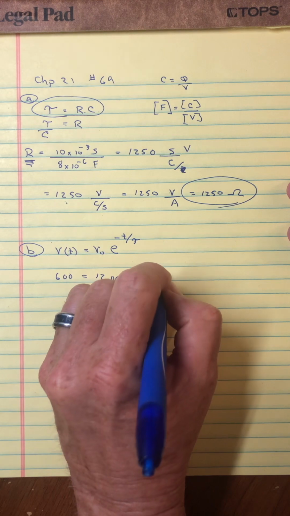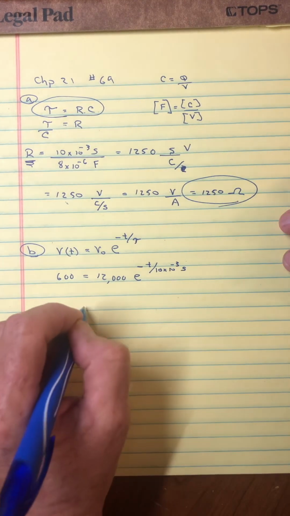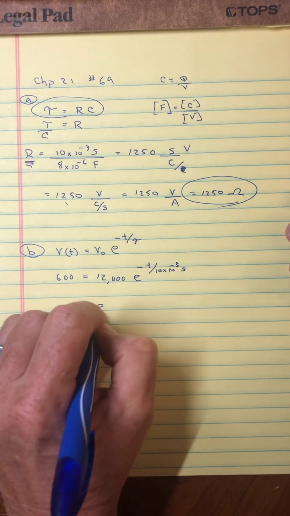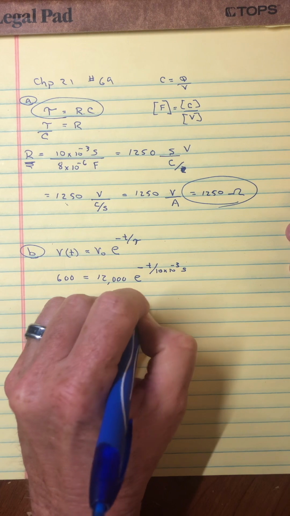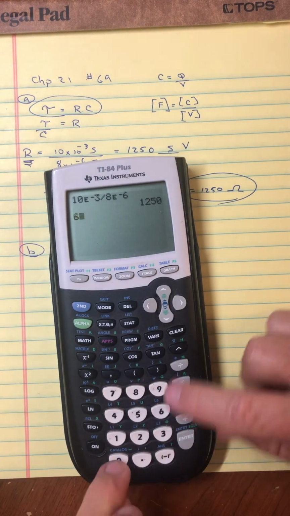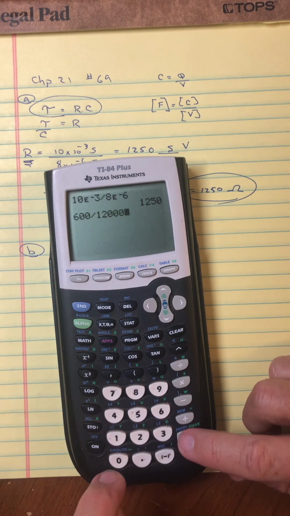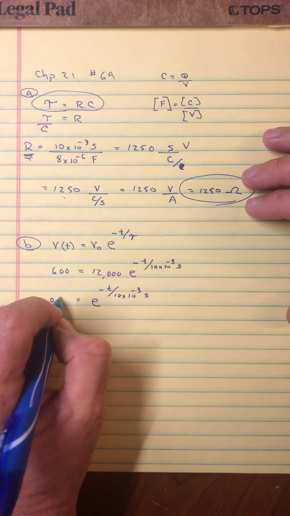We know that this is 10 microseconds. So maybe I'll just go two steps in my mathematics and take that 600 and divide it by 12,000, and we're looking at 0.05.